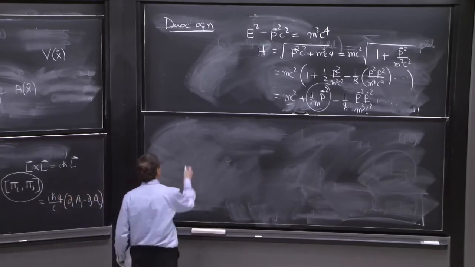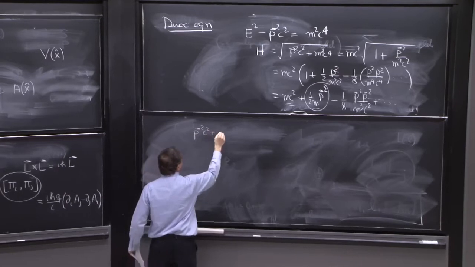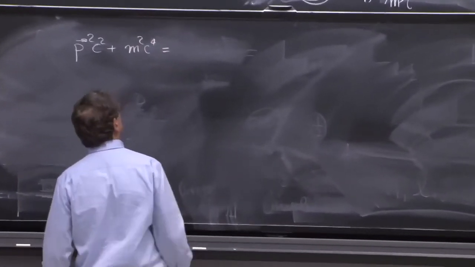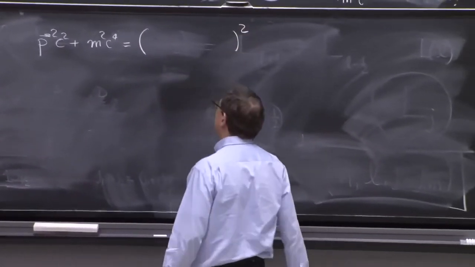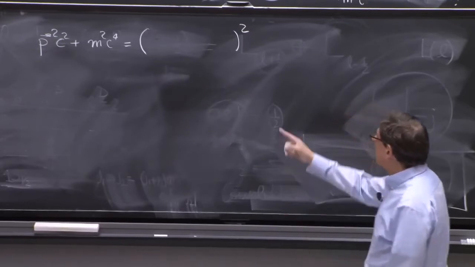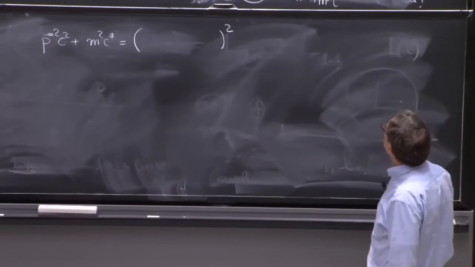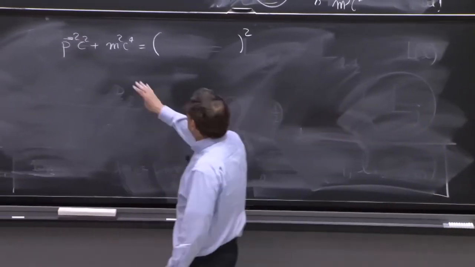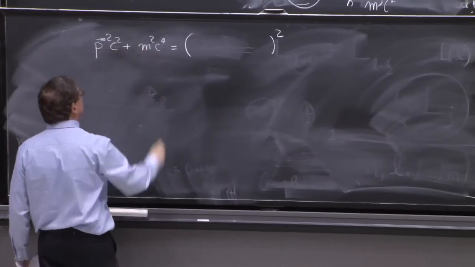This has p squared c squared plus m squared c to the fourth. I could take that square root if that were equal to something squared, which it is not, because it's missing a cross product of the right amount. But if the cross product were there, it would be a linear function of p and mc squared.